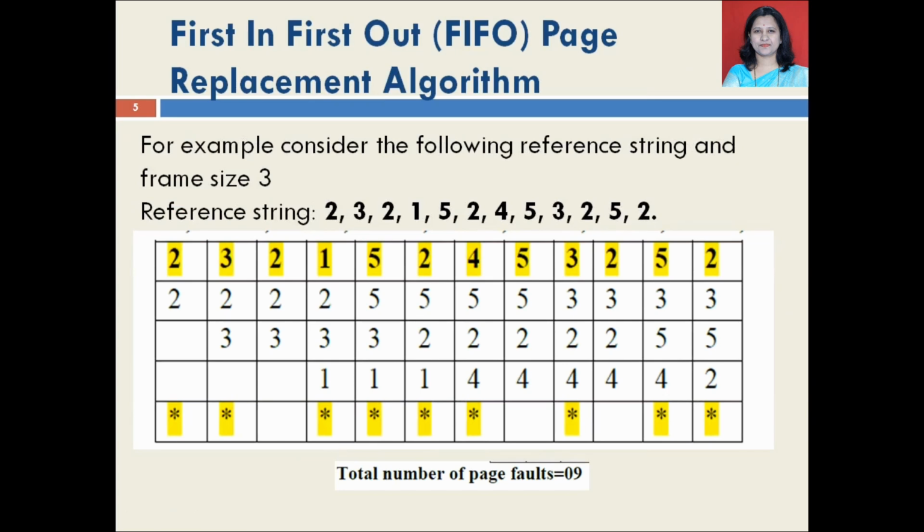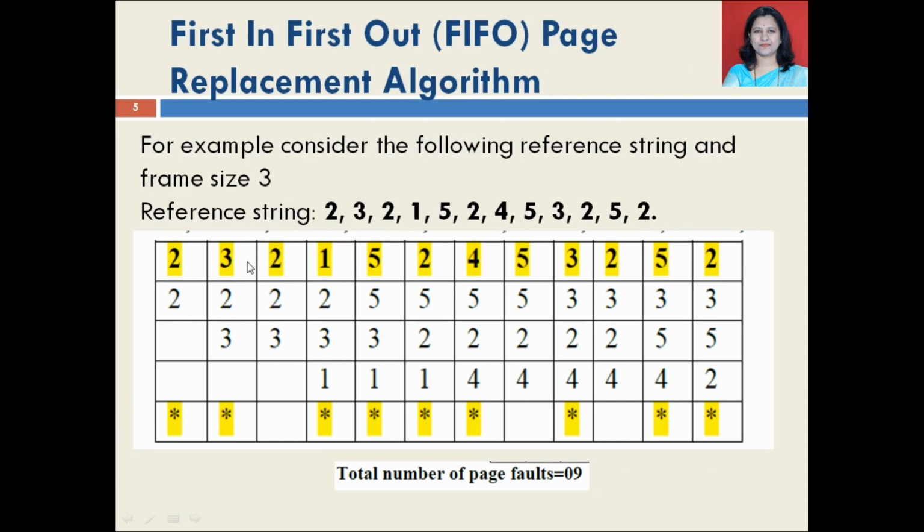Now let us consider an example of the first in first out page replacement algorithm. Here they have given a certain reference string and the frame size is 3, okay. First, there was a 2 that we have to insert, so the first page is placed into the frame.